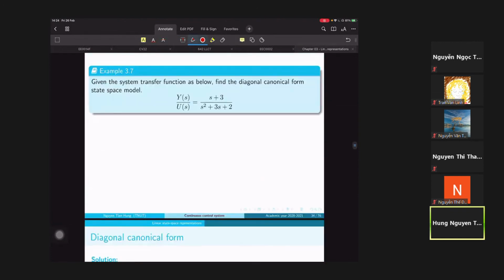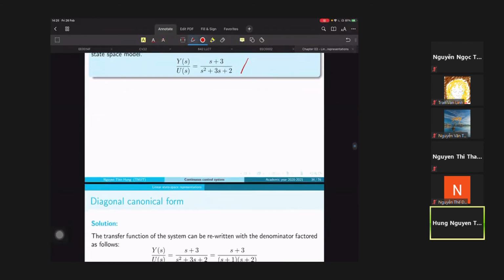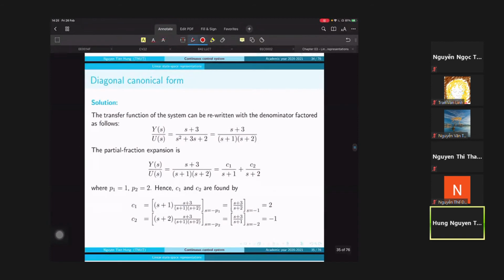Now you are given a system transfer function like this, and the question is to find the diagonal canonical form of the state space model. We follow the previous approach, and we see that the transfer function of the system can be represented in this form, because we find the roots of s squared plus 3s plus 2.